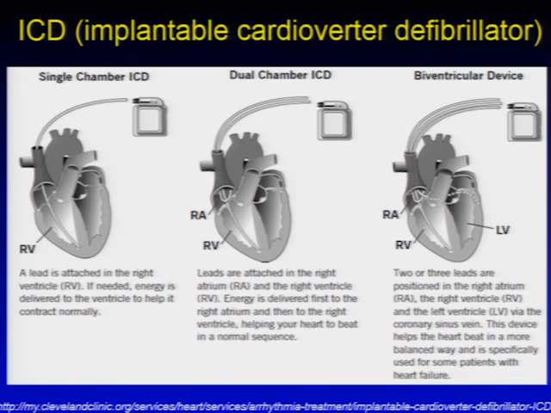The dual chamber has a pacing mode for the right atrium, so that will allow sequential atrial to ventricular pacing. And a biventricular device has an additional pacing device situated in the left ventricle in such a way that it will provide biventricular defibrillation and stimulation.